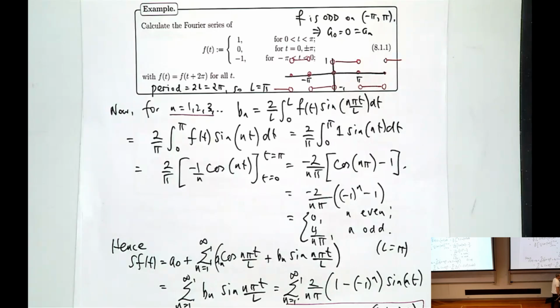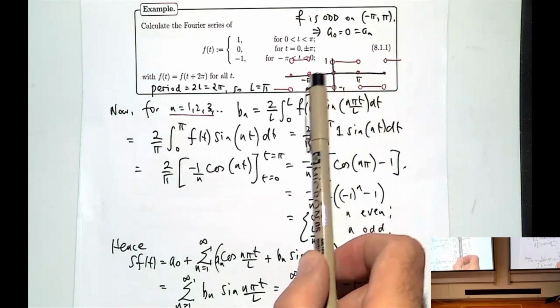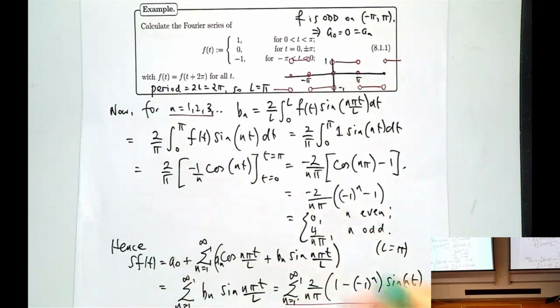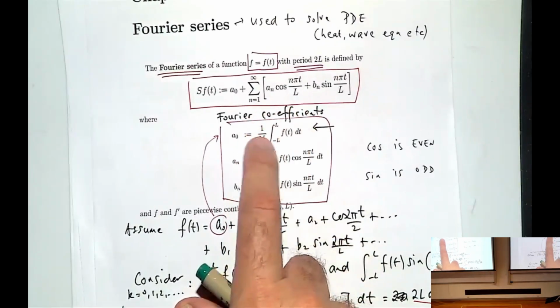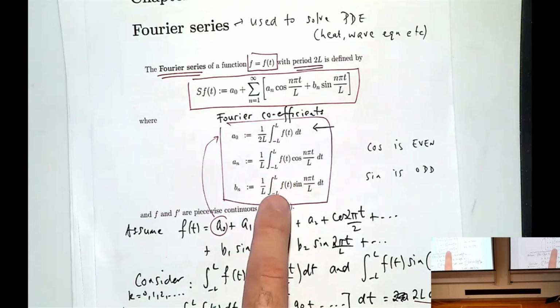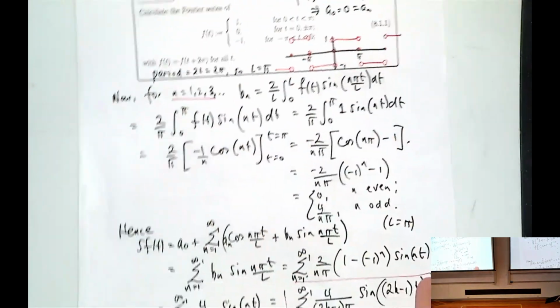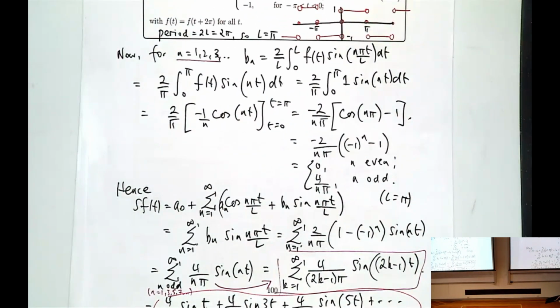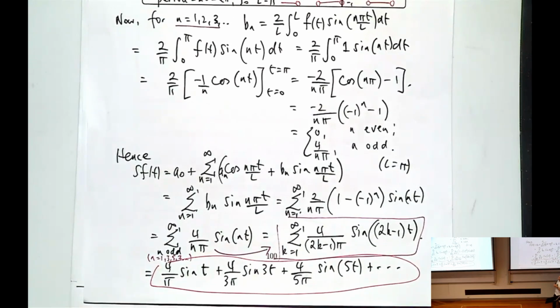We also see that this part of the function is odd, so instead of using these things, this will be 0, this will be 0, and you multiply this by 2 and you integrate over half the interval, 0 to L. So we did that.